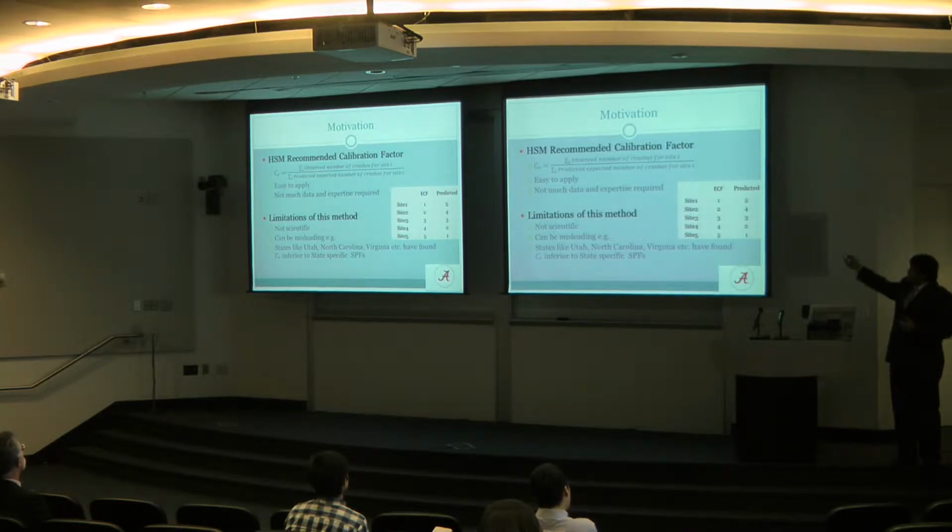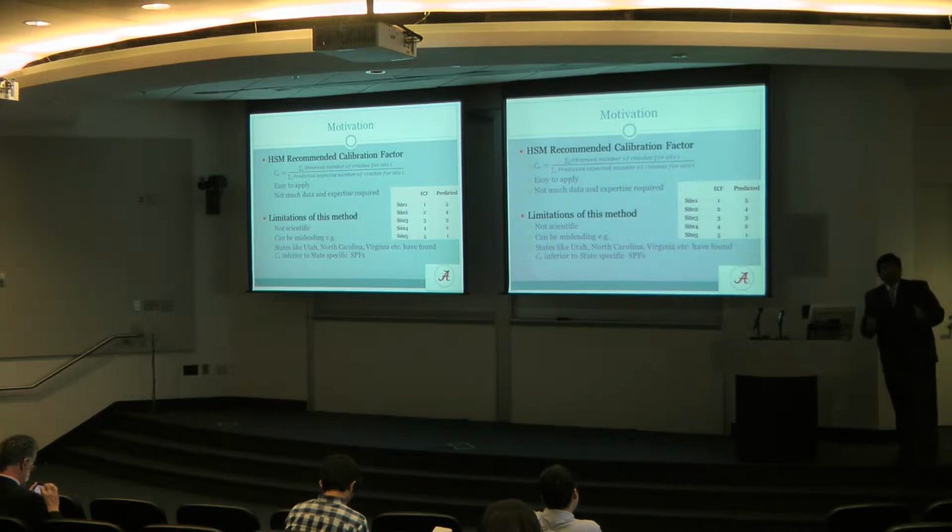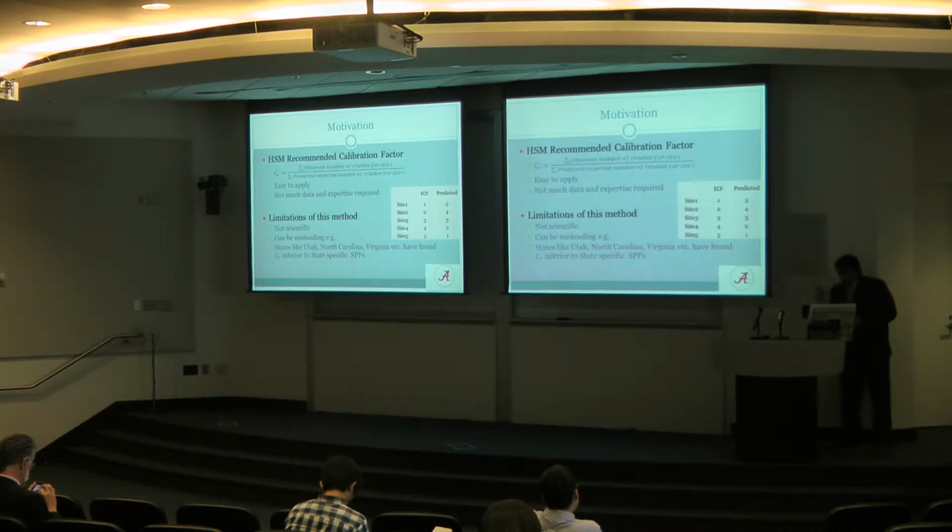So if you use the calibration method suggested by the Highway Safety Manual here, it will give you a calibration factor of 1, which says that what you are predicting is actually correct. However, it's clearly visible it's not. So this is one problem with the calibration method in the Highway Safety Manual.